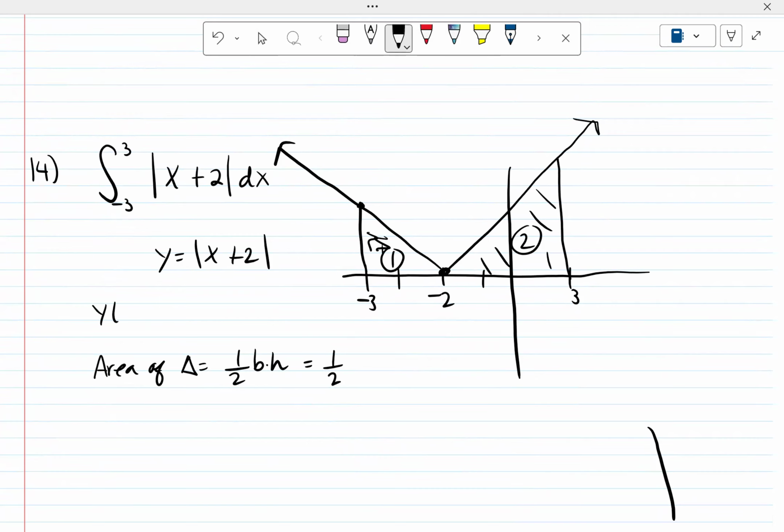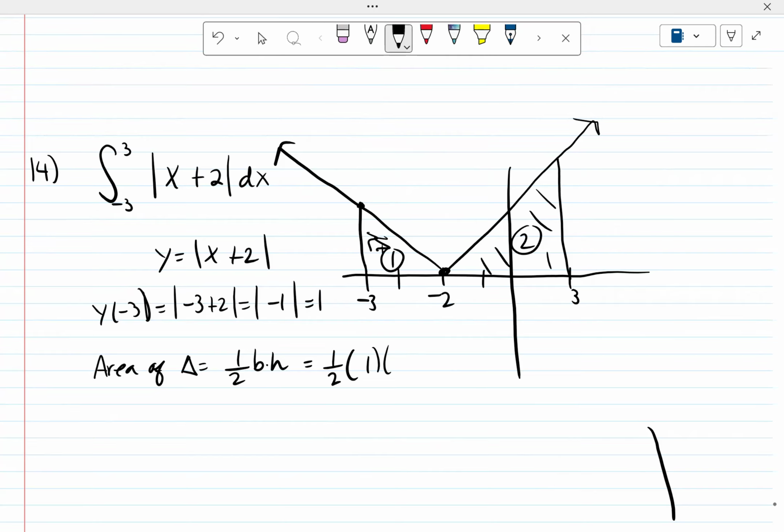So if you plug in -3, you get the absolute value of -3 plus 2, which is the absolute value of -1. Absolute value of -1 is 1. So I think that's our height, right? So my height is 1.